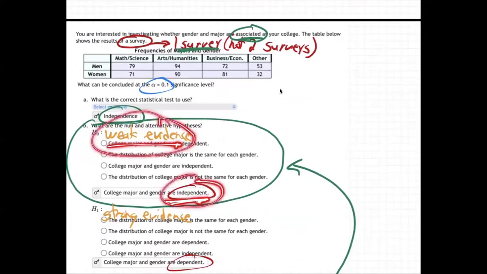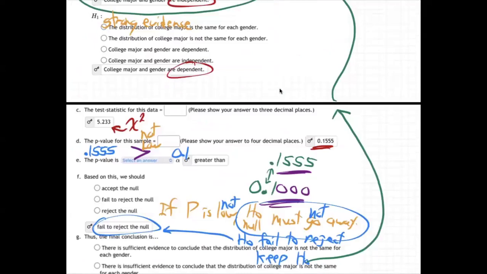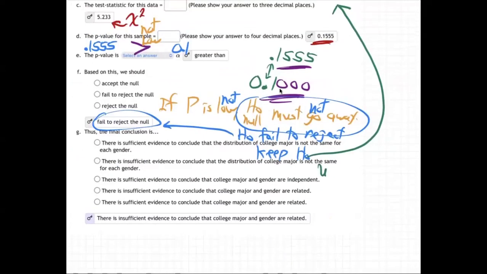Weak evidence, independent. Let's write that down. Weak evidence, independent. Now, what is weak? It looks like they're using the words sufficient, insufficient.